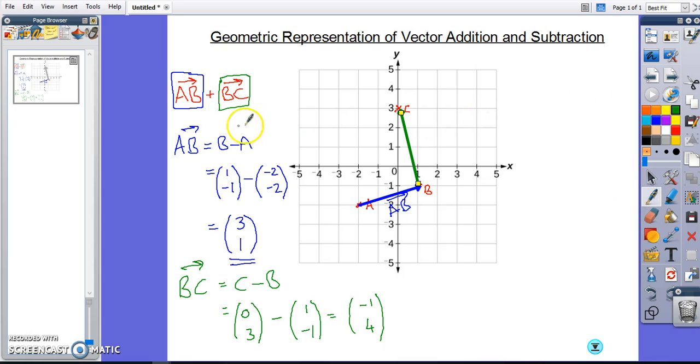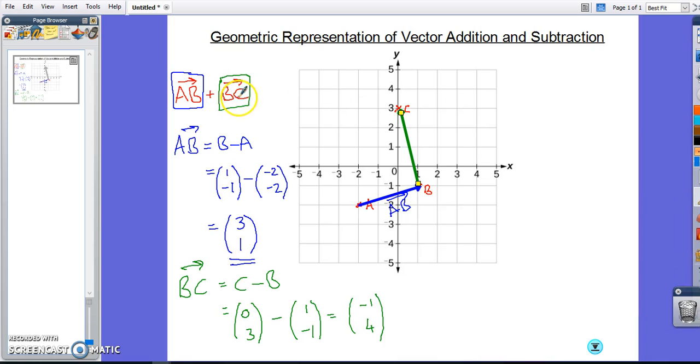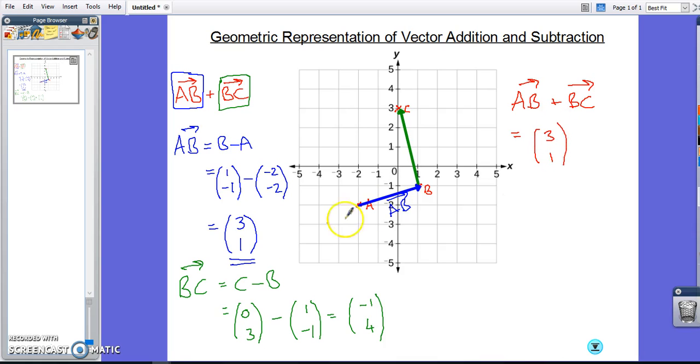Now, calculating AB plus BC, in this example, will give us a new vector. So, AB we can put in the 3, 1 that we had from here, and for BC we can put in the negative 1, 4, which gives us 3 take 1, which is 2, and 1 plus 4, which is 5.